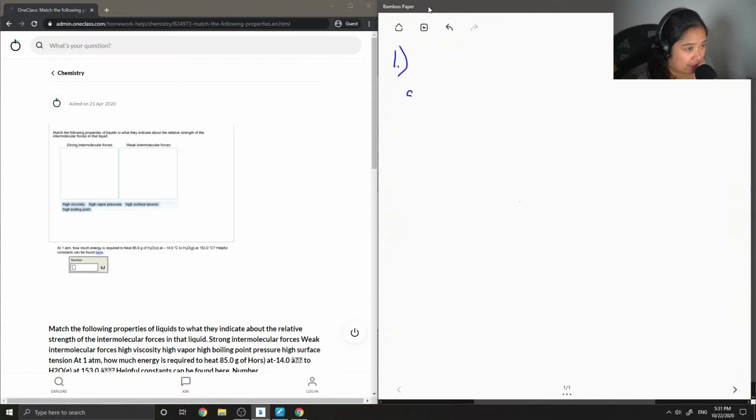So let me just write down the definition of the two. Strong, and I'll just make a comparison table.